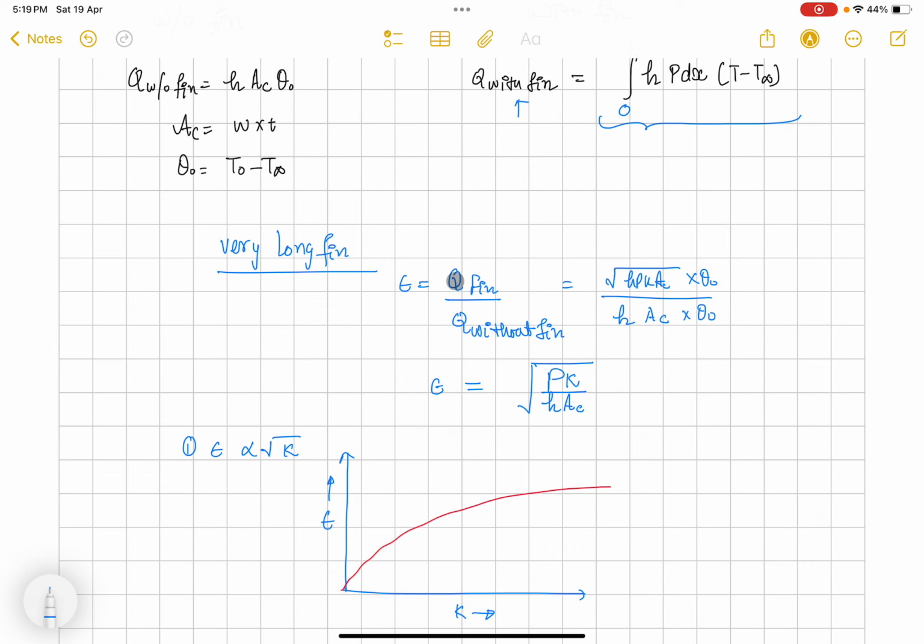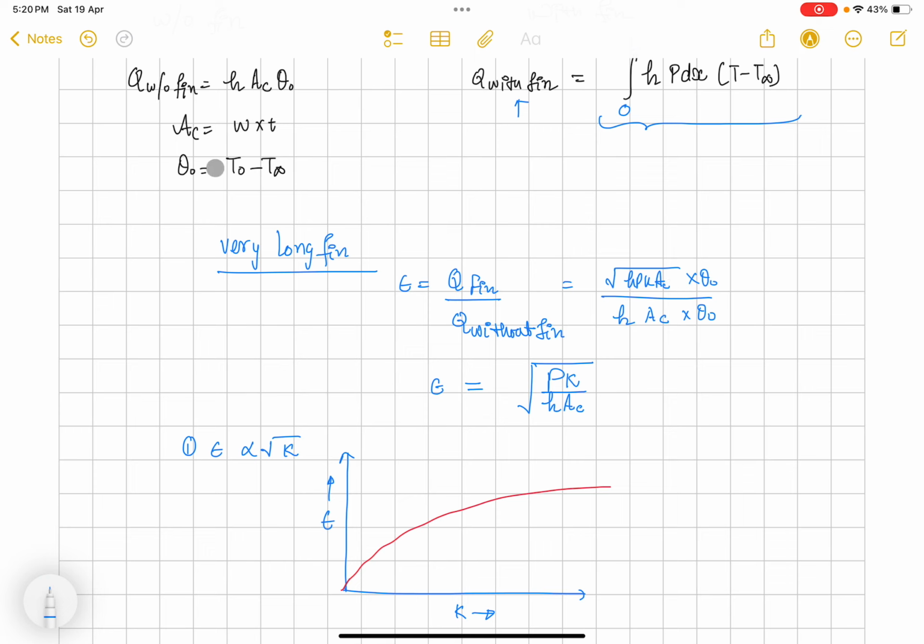Are we considering an infinitely long fin or a finite length fin? A finite length fin also has two cases, as we have seen previously, depending on whether the fin tip surface is insulated or not. So for the very long fin case, heat transfer from the fin is defined like this: under root of h times p times k times Ac times theta naught. Theta naught means base temperature minus the ambient fluid temperature.